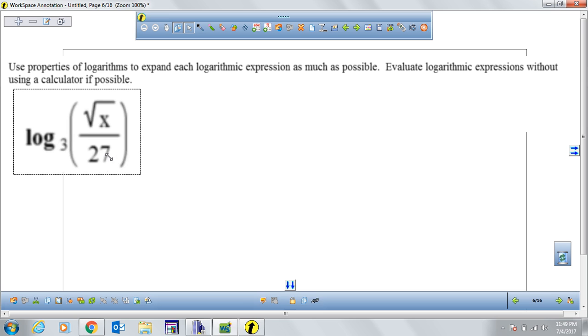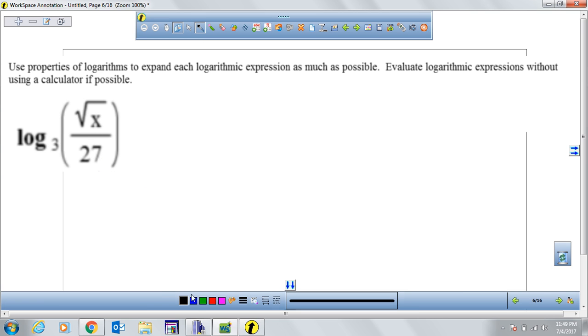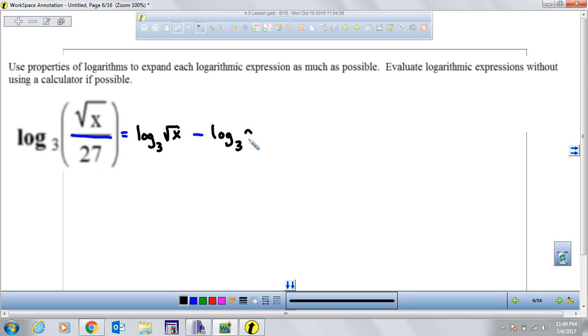So when we have a division, that is called the quotient rule again. It's the log base b of m over n, and we're going to change it into a subtraction: the log base b of m, the numerator, minus the log base b, which is 3, of n, the denominator.